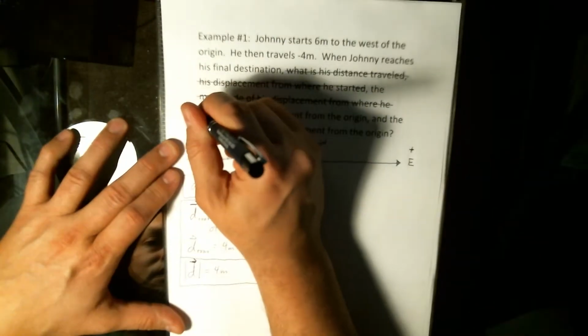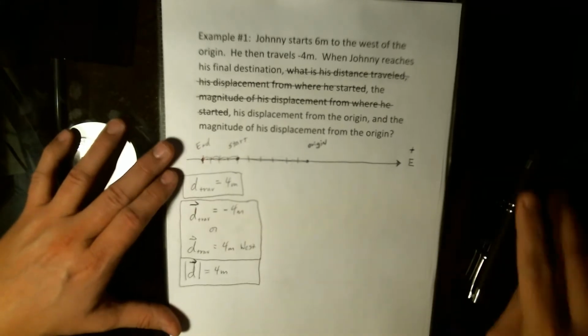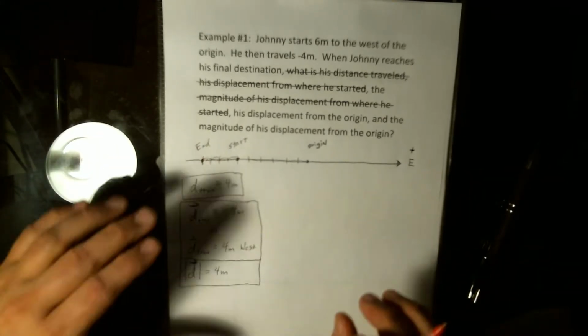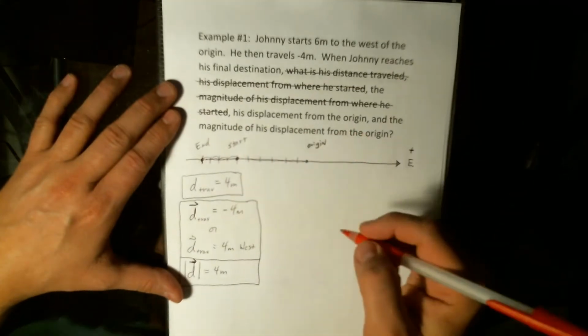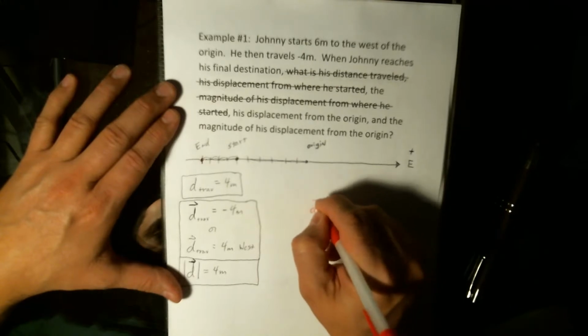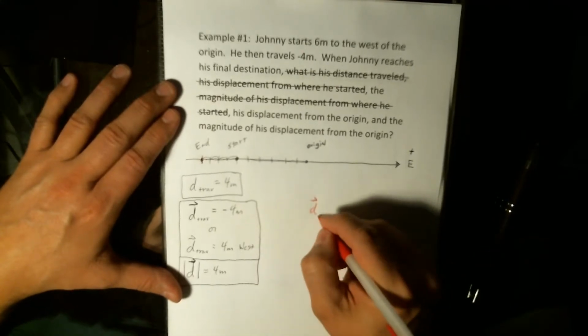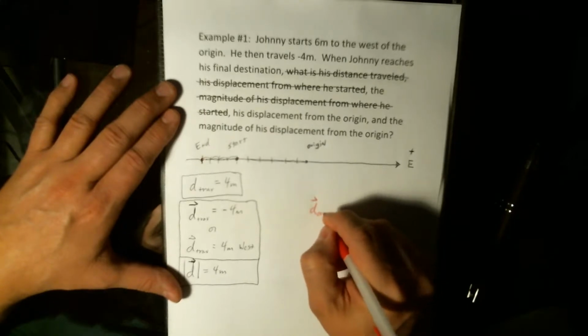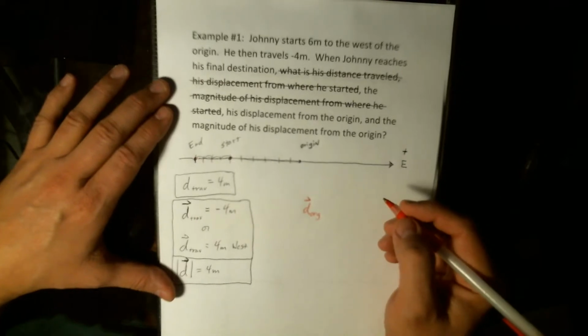Let's do these last two, because they're a little trickier. I'll use a different color pen. Next, I need to find his displacement from the origin. So the symbol for displacement is my little arrow here. And now it's not traveled, it's from origin. So I'm going to write O-R-I-G, not the whole word, but just O-R-I-G to make sure that it's a little different.